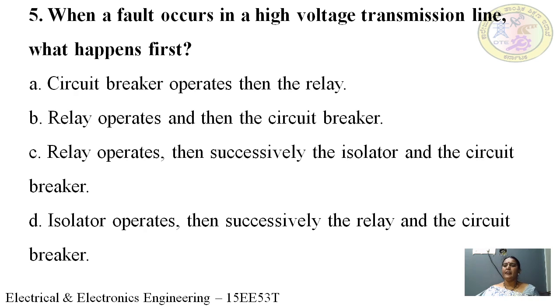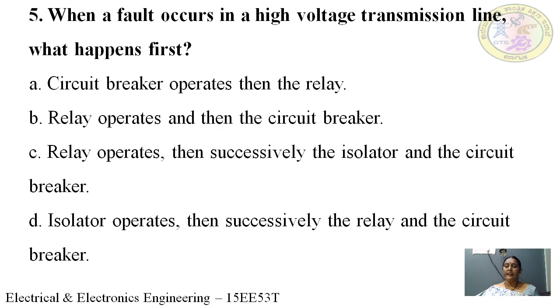Let us see, when a fault occurs in a high voltage transmission line, what happens first? Circuit breaker operates, then relay. Relay operates and then the circuit breaker.